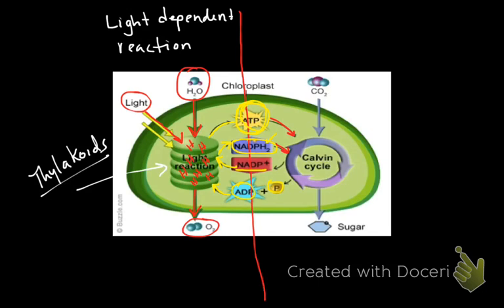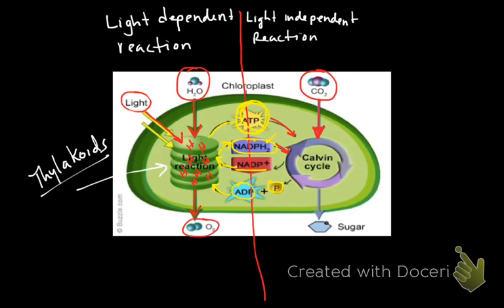If you remember, we said those are the light independent reactions. In the light independent reactions, carbon dioxide goes into the chloroplast, and as it goes into the chloroplast, it goes into the Calvin cycle, which you see here.